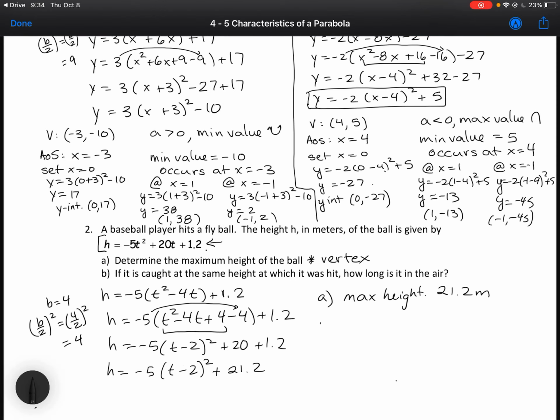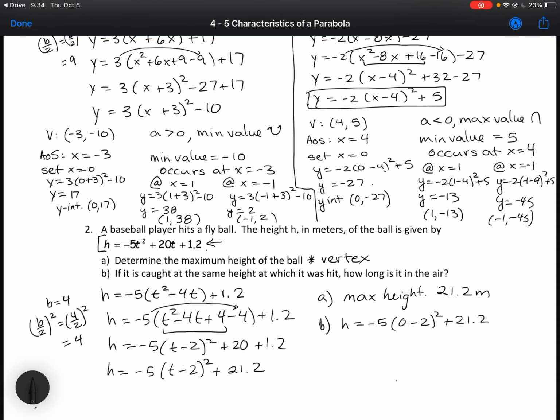Now my next question is, if it's caught at the same height at which it was hit, how long is it in the air? So the same height at which it was hit, the ball is going to be hit at t equals 0. So let's figure out what that height is.